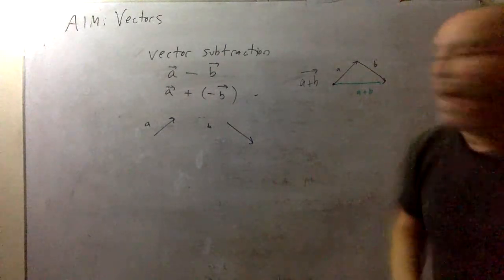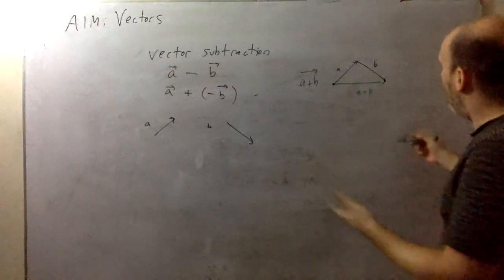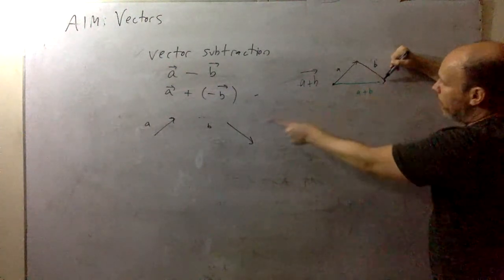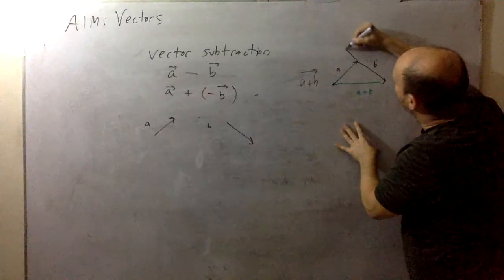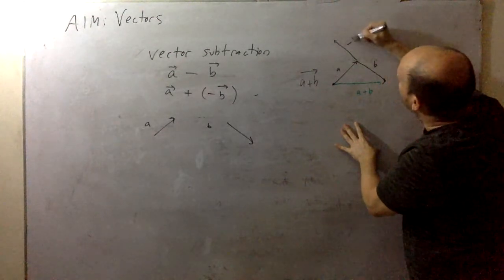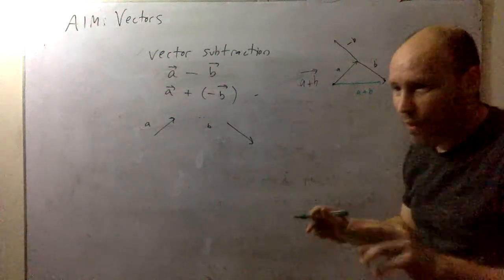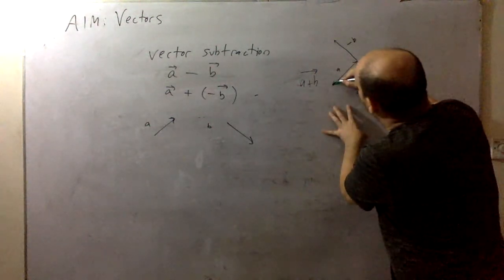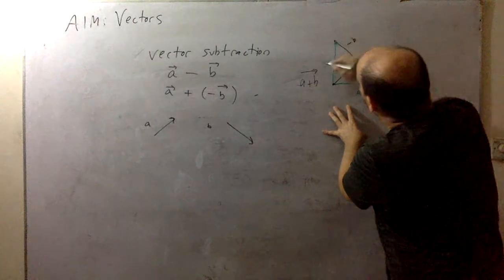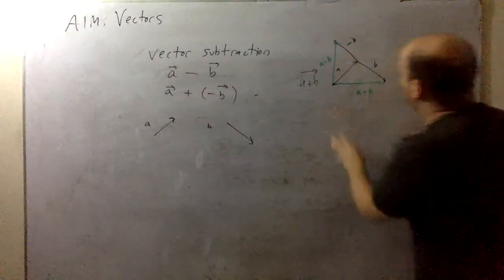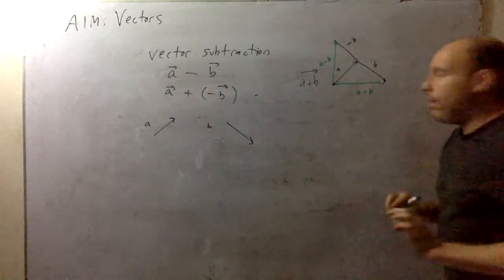But the question is, what is A minus B? No big deal. If this direction was B, this direction is negative B. And therefore, very straightforward, this vector is A minus B. That's all it means.